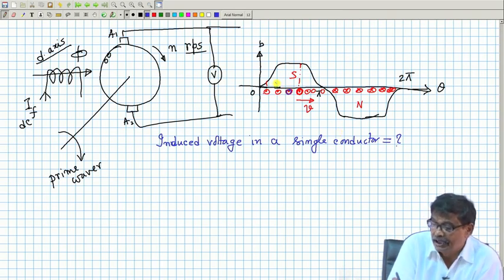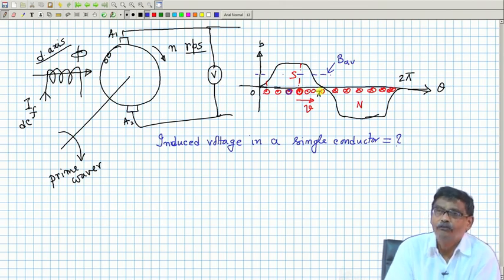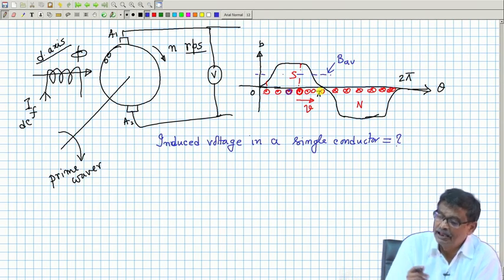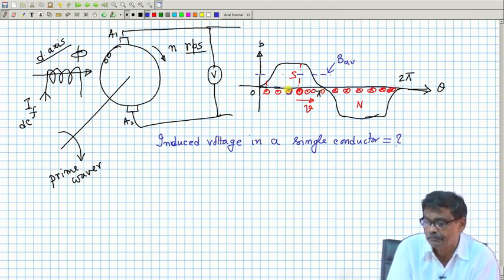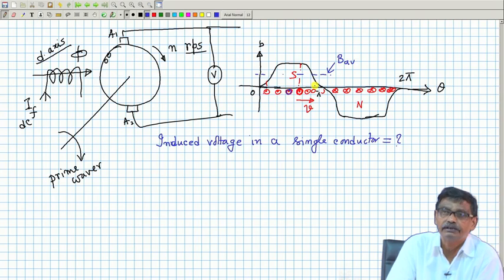So, what you do, you take average value of this B, which will be something here, B average, total flux, what is B d theta, total flux divided by this length. Average value of flux density I will calculate and pretend that the conductor sees all the time B average, and multiply that B average with length and velocity.